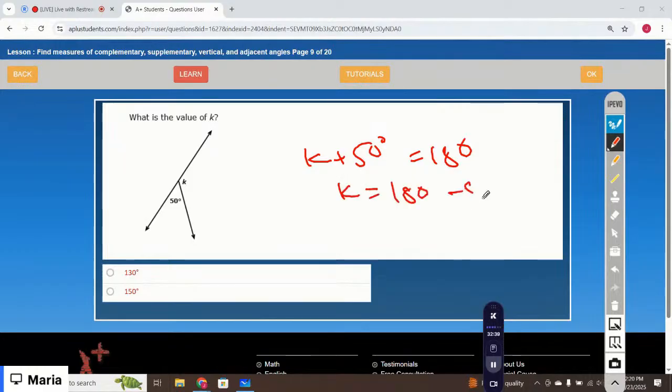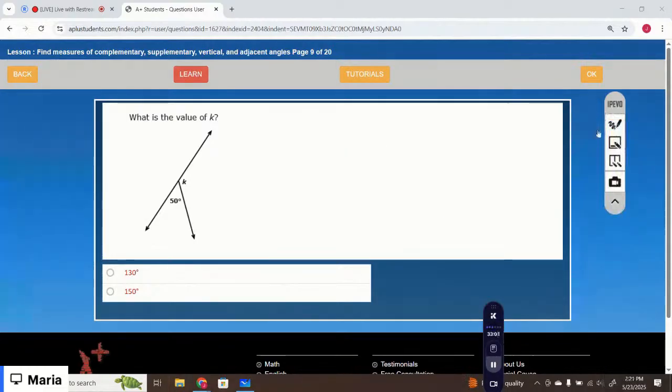So K equals 180 minus 50, which equals 130 degrees. That is, K equals 130 degrees. Option number one is the correct option.